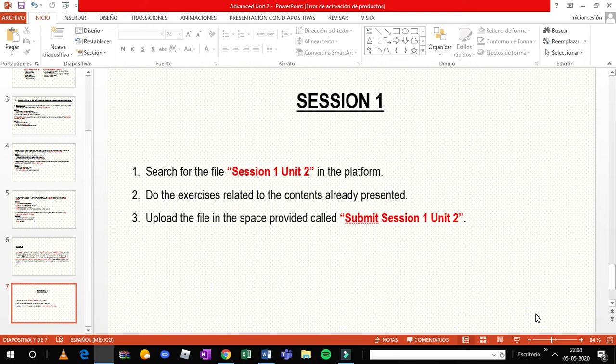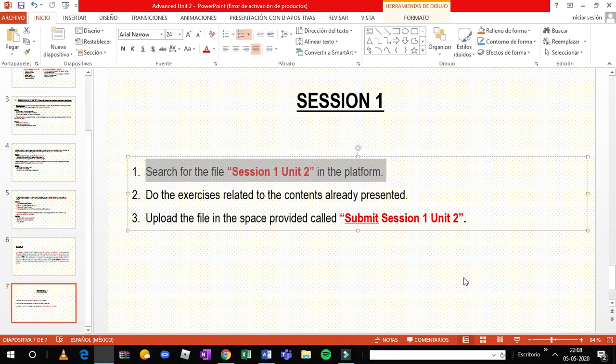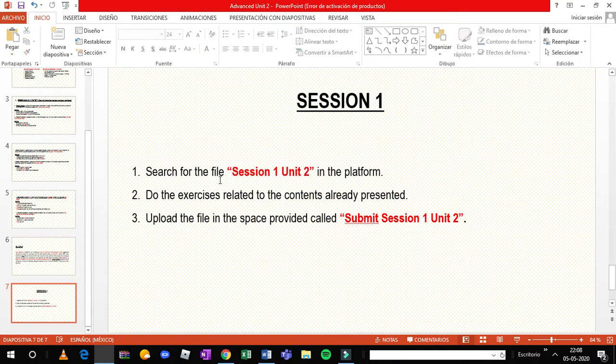Now, you are going to start practicing with referring back in the text, with referring words. It's about the following. Search for the file Session 1 Unit 2 in the platform. That's the first step.